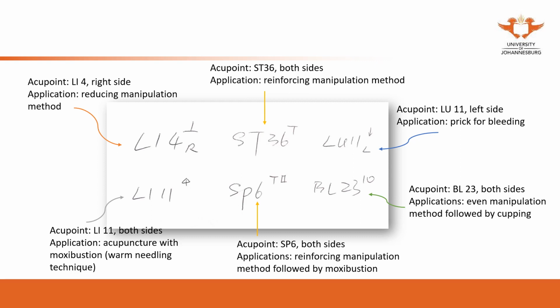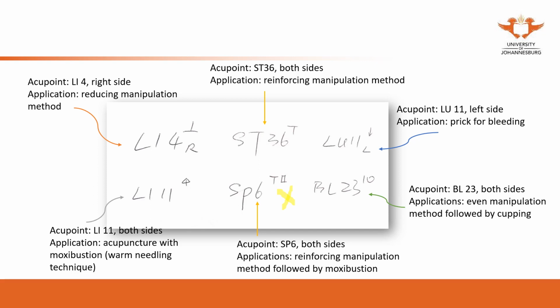Large Intestine 11, on both sides, acupuncture with moxibustion, one needling technique. Spleen 6, reinforcing technique on both sides, followed by moxibustion, moxa stick. You also can use the cross sign. Bladder 23, even manipulation technique followed by cupping.